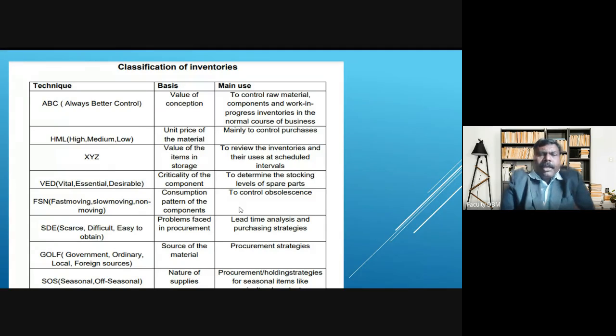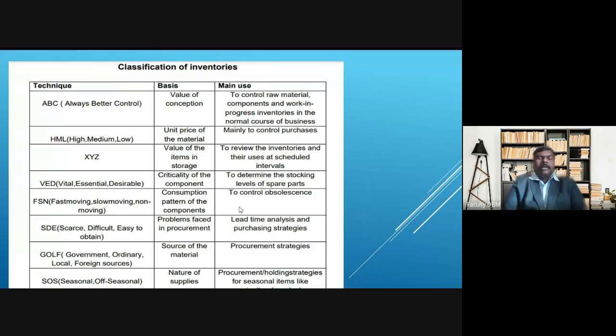HML, high, medium, low: the unit price of material is the basis to classify these items, mainly to control purchases. XYZ is based on the value of the items in storage, to review the inventories and their uses at scheduled intervals.